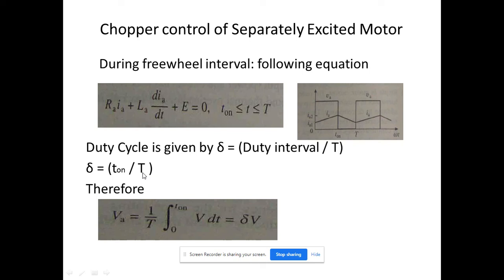Further, if we integrate the equation of the waveform, we get the output voltage Va is equal to delta times V, where V is the input voltage. So by varying the duty cycle, we can have the variable output voltage.